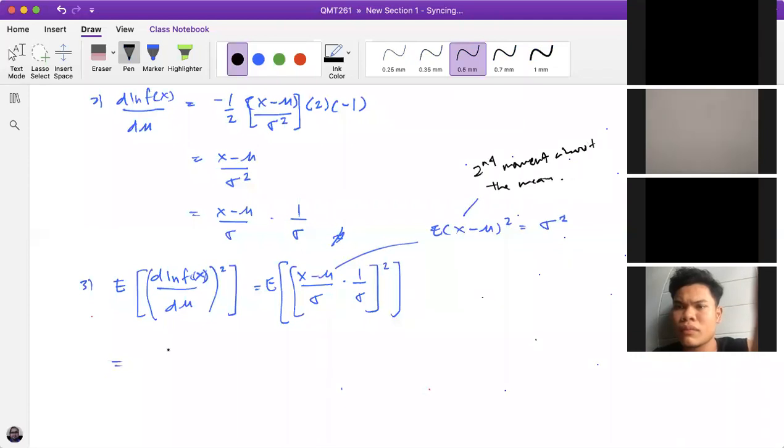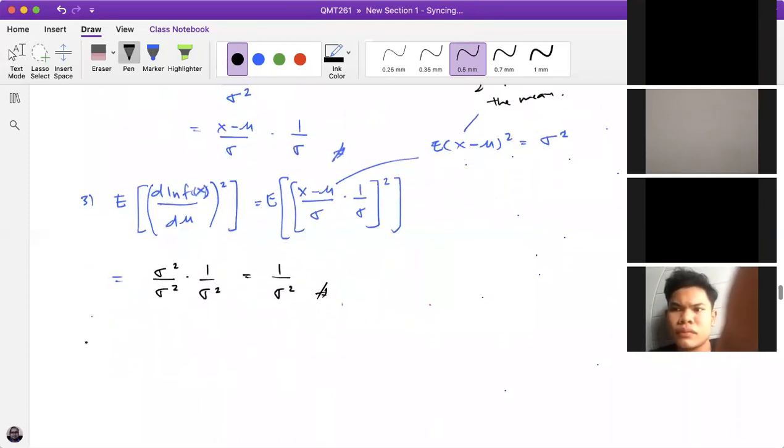So from here we know sigma squared divided by sigma, multiplied by 1 over sigma squared. Then this one is squared too, right? This one squared, squared. So it becomes 1 over sigma squared. Can you get it?